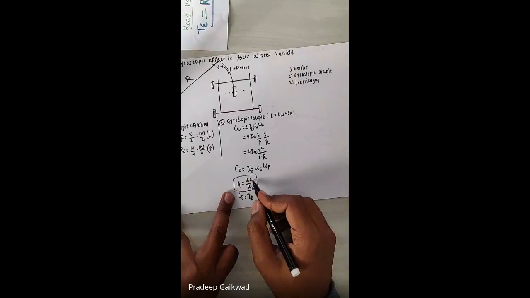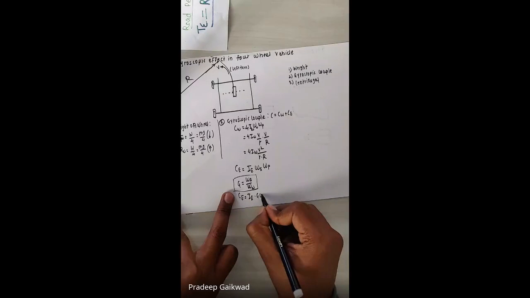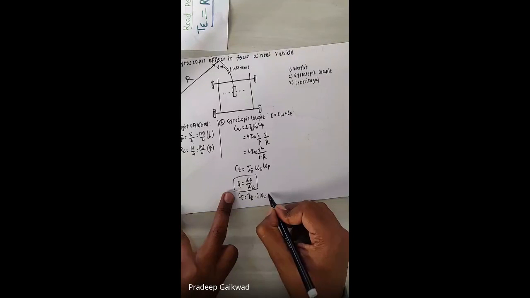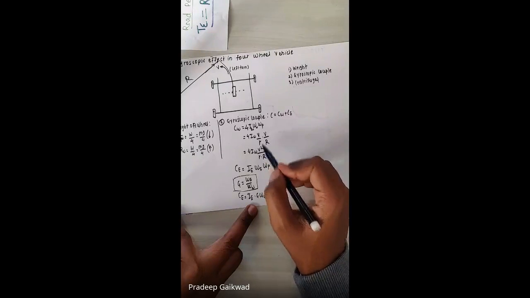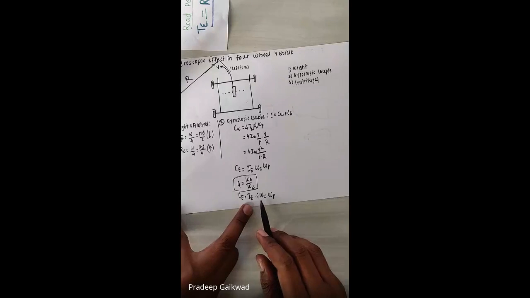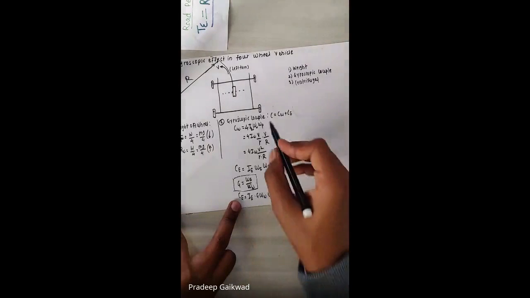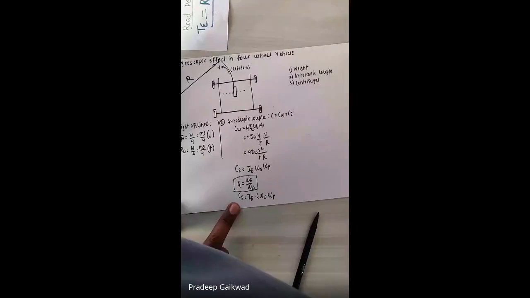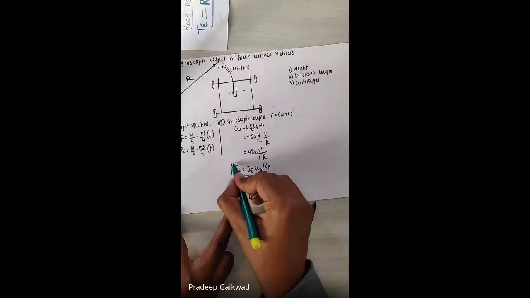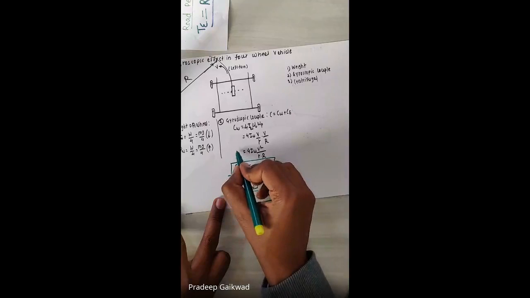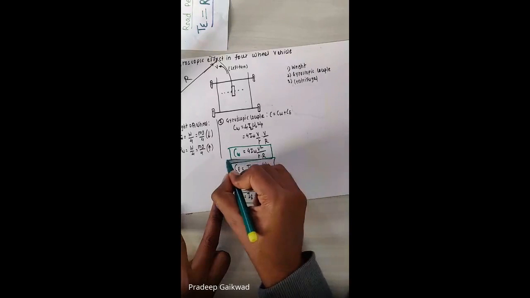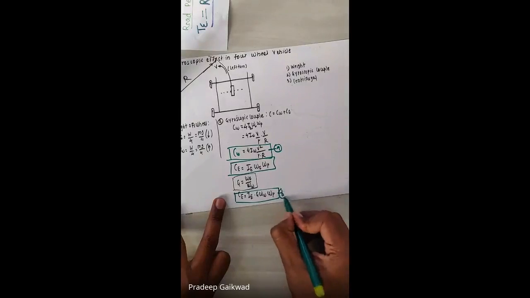So omega E is equal to G times omega W, the angular velocity of the wheel, into omega P. And this is already known to us: omega W into omega P is nothing but V squared by R. So G times V squared by R. This is your equation for the engine, and the earlier one is your final expression for the wheels. This is called equation A, and this is equation B.